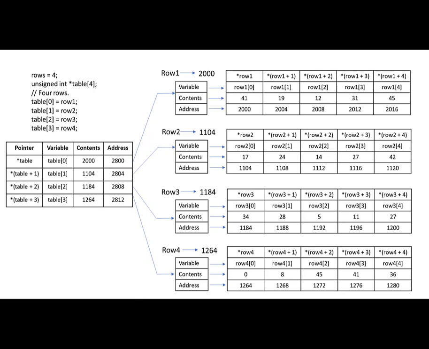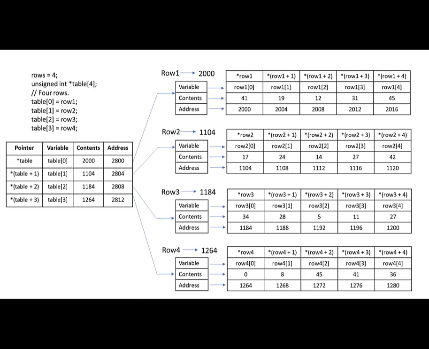Directly below that, you'll see a table that represents the table variable, and I'm showing you the variable, what the notation is, pointer notation, the variable with bracket notation, and then look at the contents column. So table sub 0 contains 2000, and that is the 2000 that we are just assuming is going to be assigned as the address of row 1.